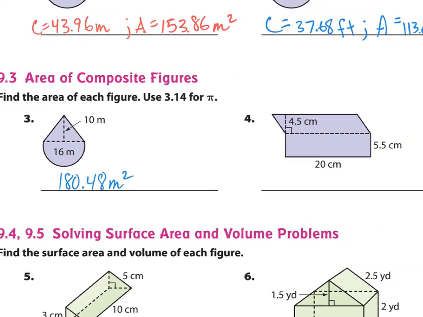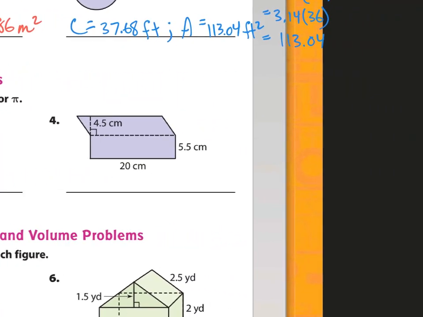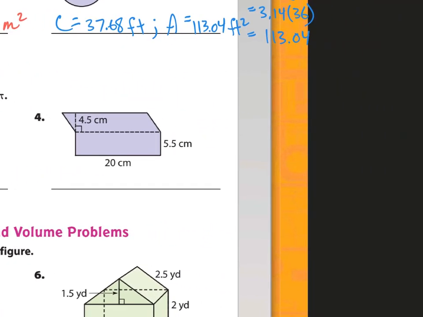Next, number 4. It's over here. Another composite shape. I'm going to take the area of the rectangle, and I'm going to add to that the area of the parallelogram. Area of the rectangle is just 20 times 5.5.